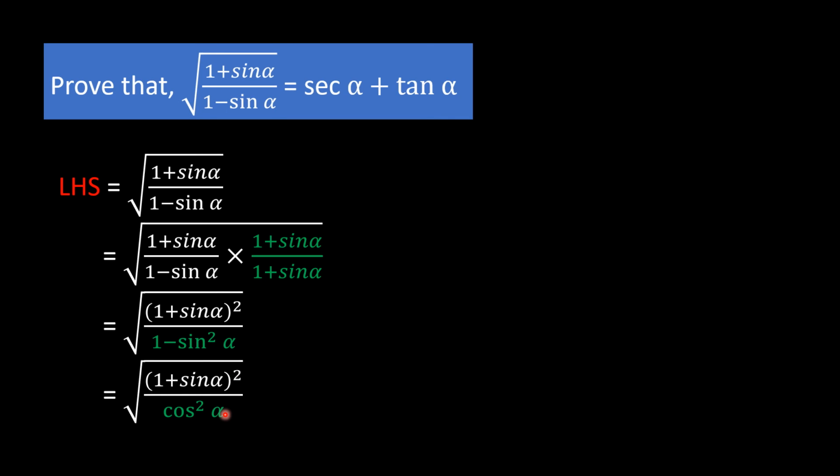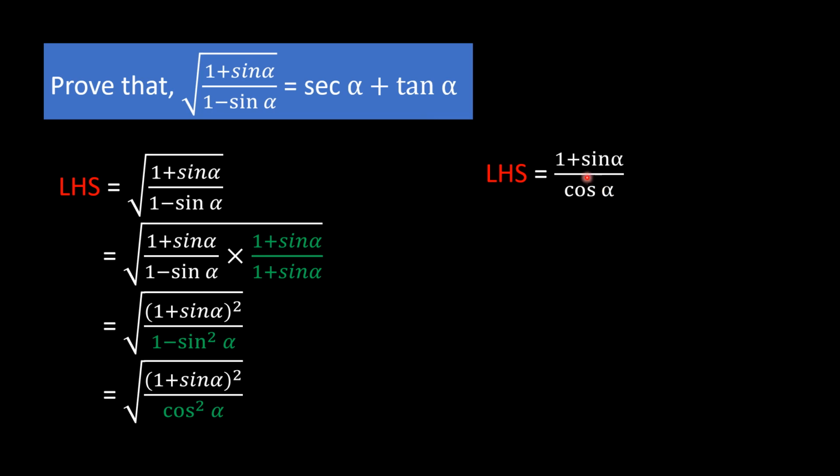Here we have got perfect squared terms in the numerator and in the denominator. So now we can get rid of this radical sign and write in the next step square root of 1 plus sin alpha whole squared will be 1 plus sin alpha, and square root of cos square alpha will be cos alpha.